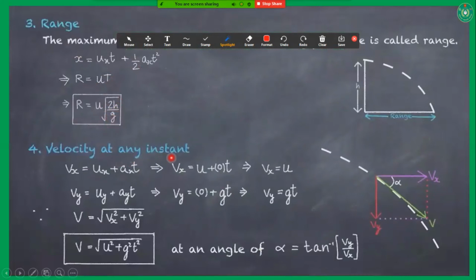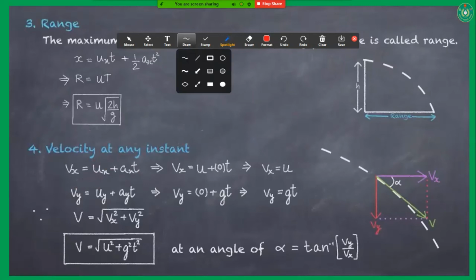And the velocity at an instant. It is a very important question for a projectile that is thrown obliquely as well as horizontally. Vx is obtained from the linear equation V is equal to u plus at.